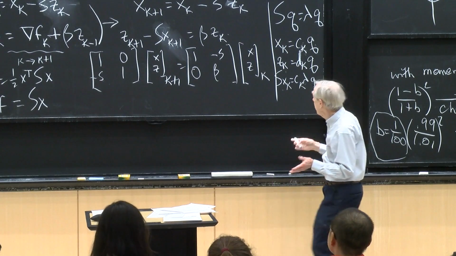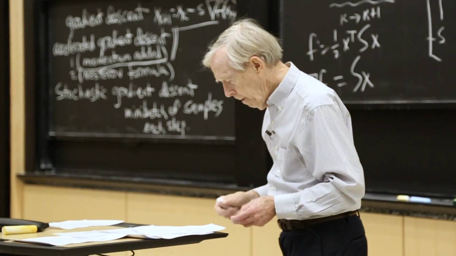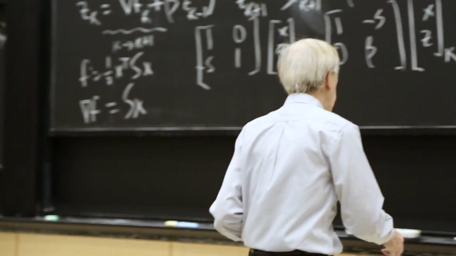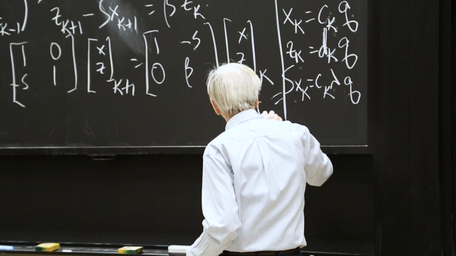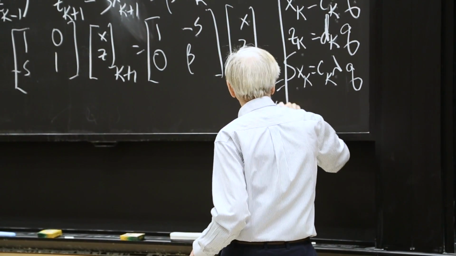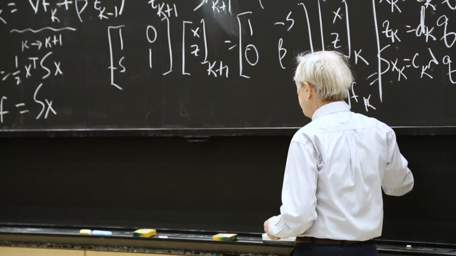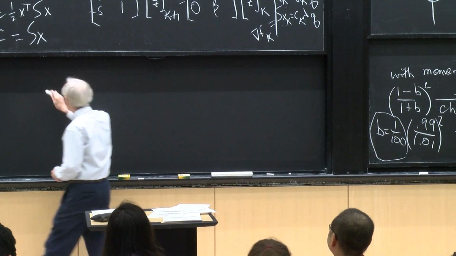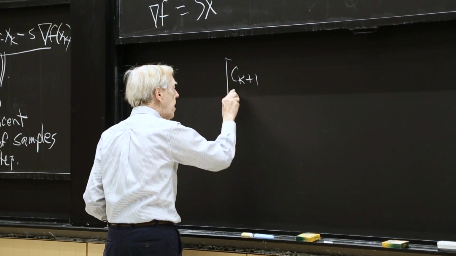Yeah, I think that's probably all I need to do this. And then the gradient, yeah, so that's the gradient, of course. This is the gradient of f at k. Okay, so instead of this, let me just write what's happening if I'm tracking the coefficients, ck plus 1 and dk plus 1.